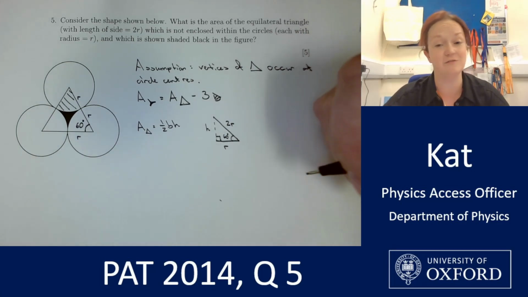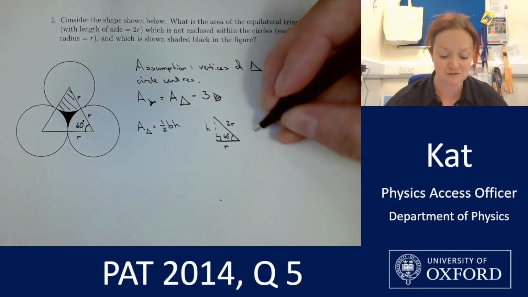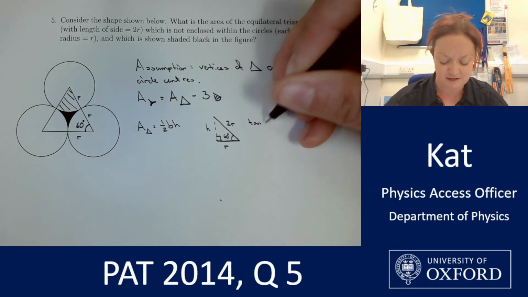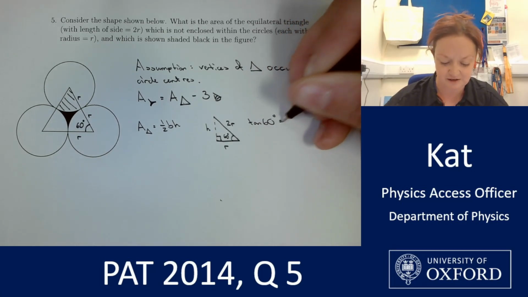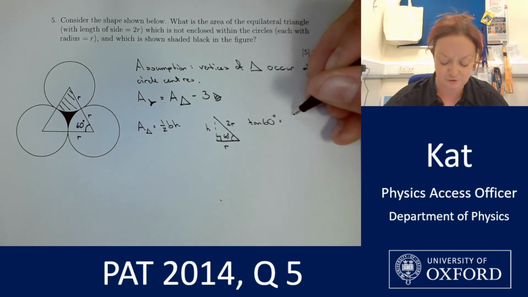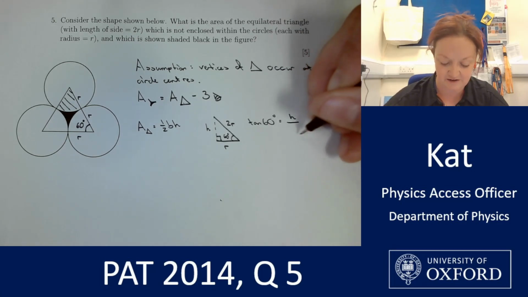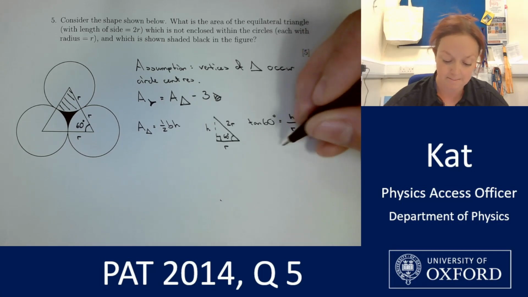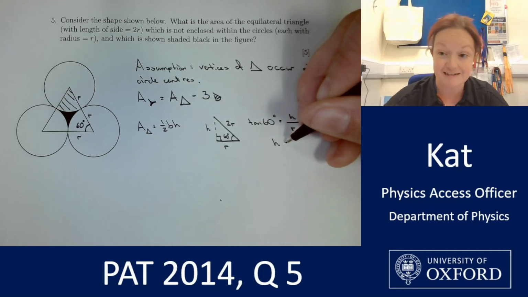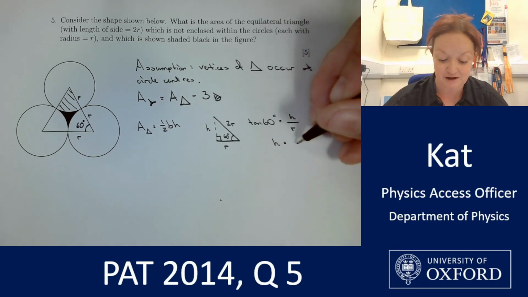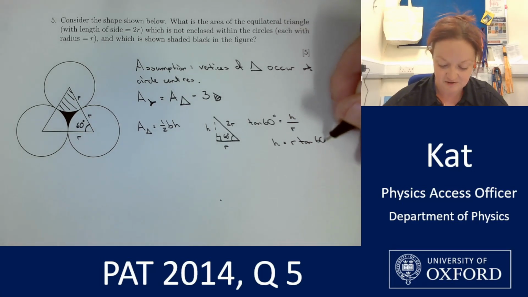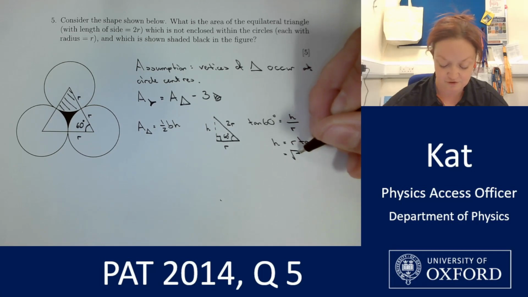There are lots of different ways of doing this. I'm going for the super simple one, taking tan of 60 degrees equal to my perpendicular height divided by r. Using our trig identities, my perpendicular height is r tan 60, or √3r.